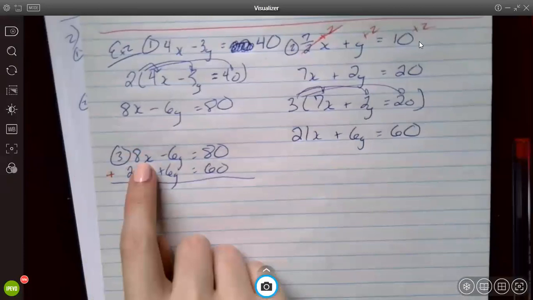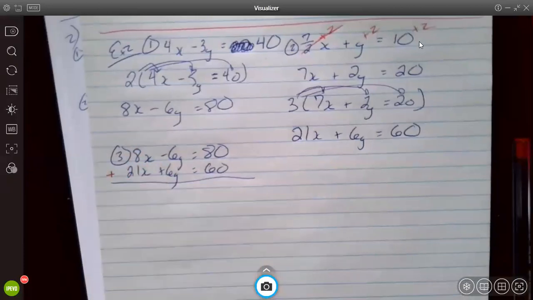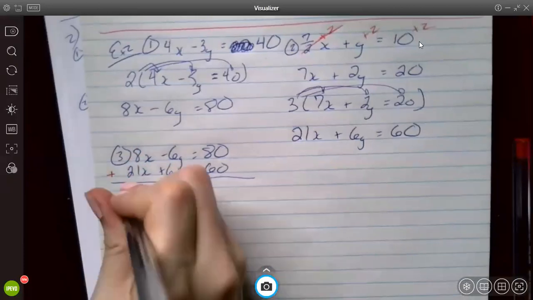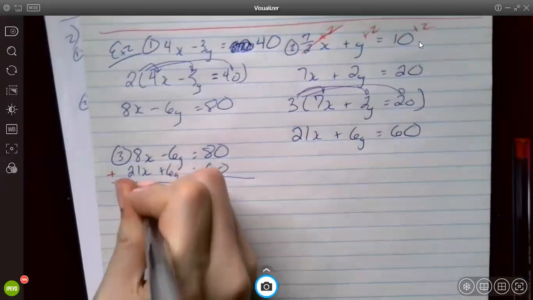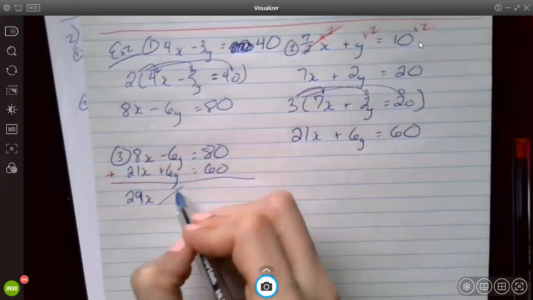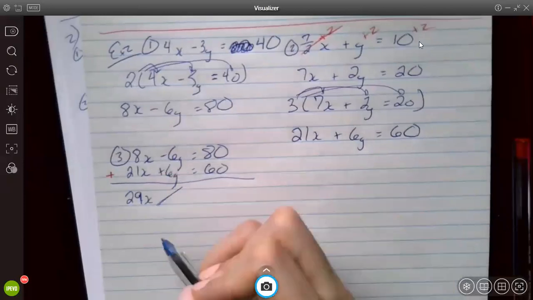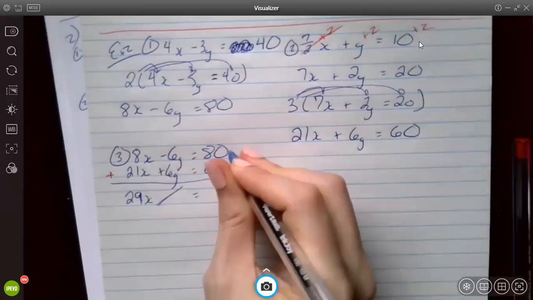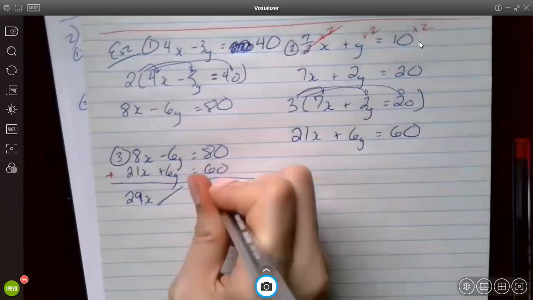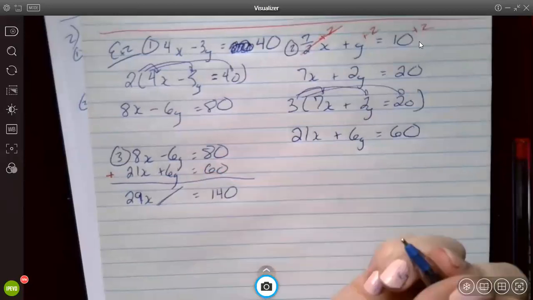So 8x plus 21x is 29x. My y's have canceled out because -6 plus 6 is 0. And then 80 plus 60 is 140.